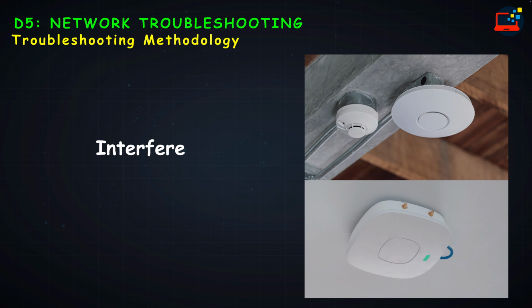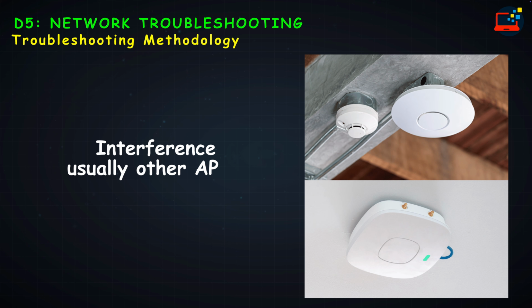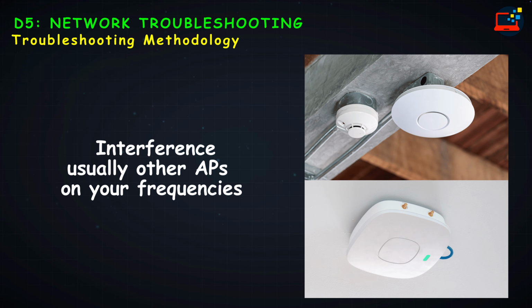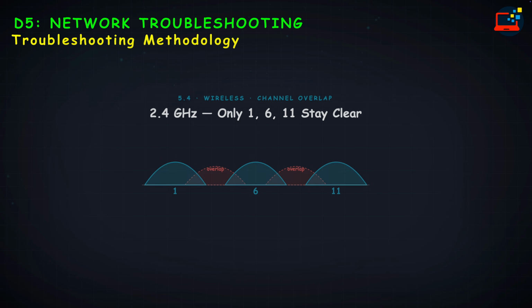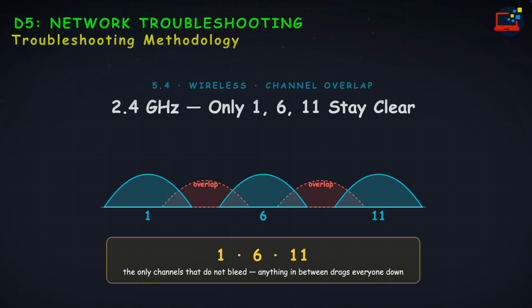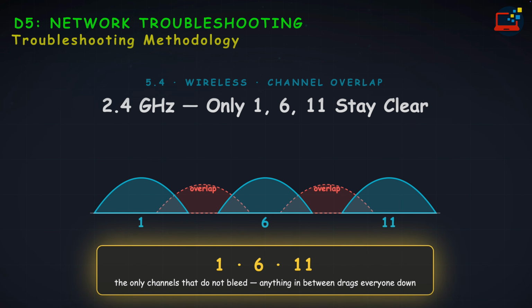The rest of this subobjective is wireless, where performance problems have their own shape. Interference is the biggest one, and on wireless, it usually comes from other access points sharing your frequencies. Channel overlap is the specific form the exam tests in the 2.4 GHz band, where only 3 channels, 1, 6, and 11, do not bleed into each other.